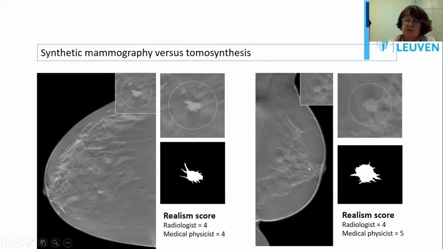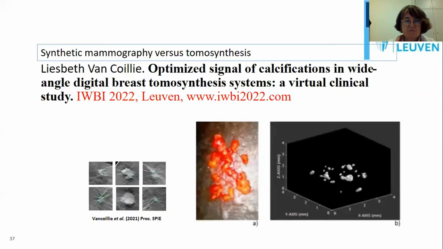And you can simulate the same or another type of mass also in the synthetic mammography. Here you see what Liesbeth started from: masses that were made, in fact, with our AI approach, and also calcifications.